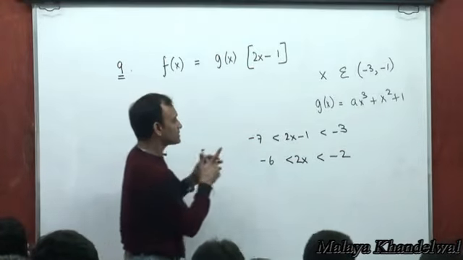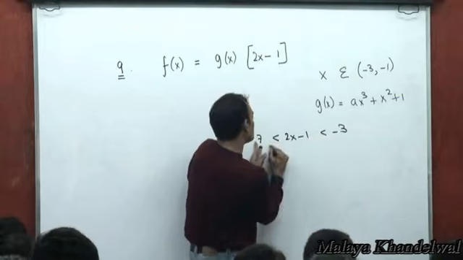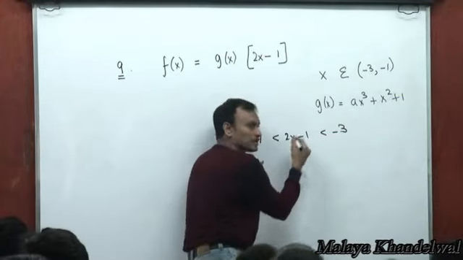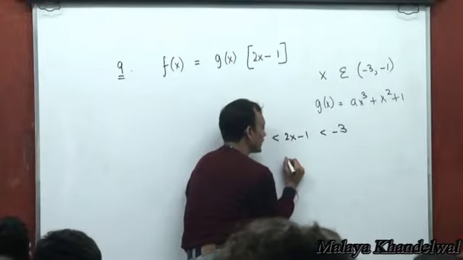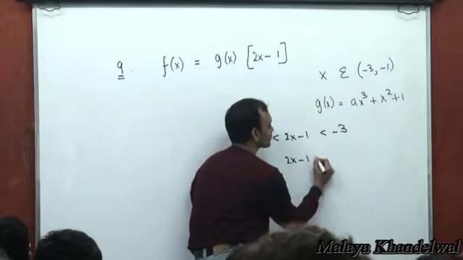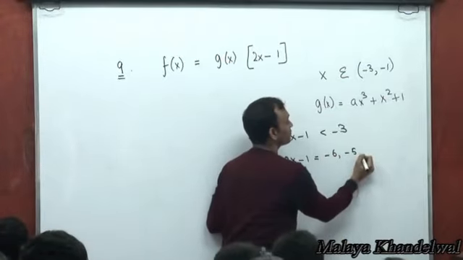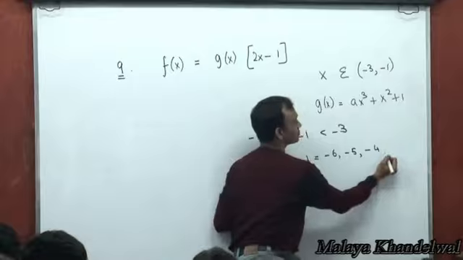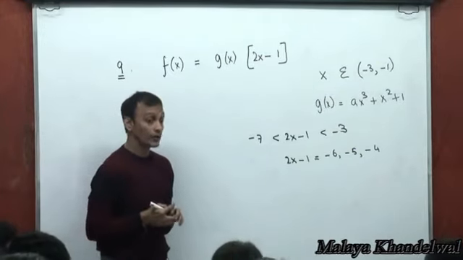Now, the important thing is, what are the integral values between minus 7 and minus 3 that 2x minus 1 assumes? The integral values that 2x minus 1 assumes are minus 6, minus 5, minus 4, right?